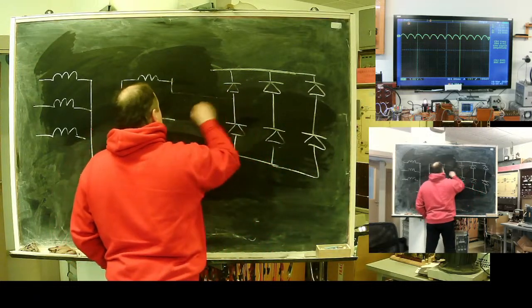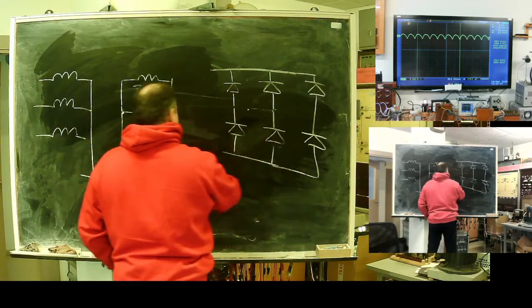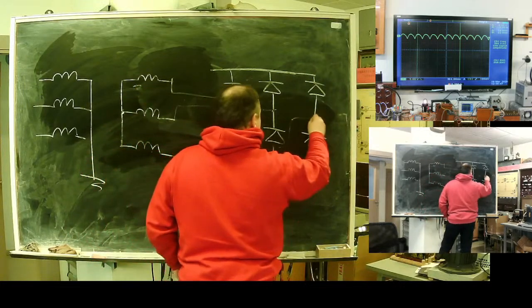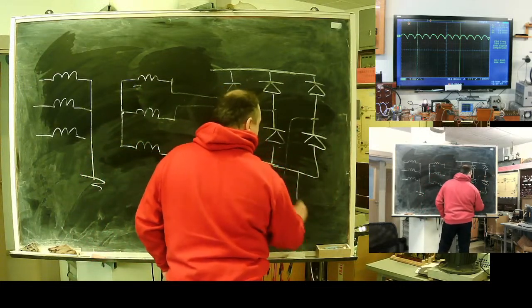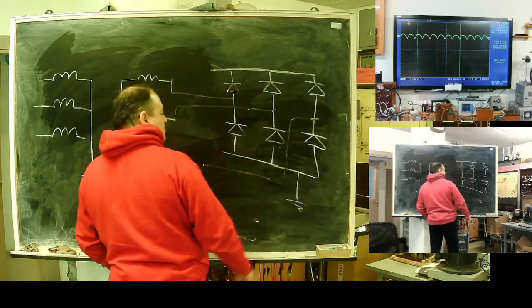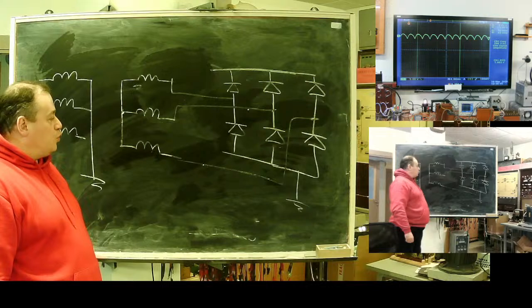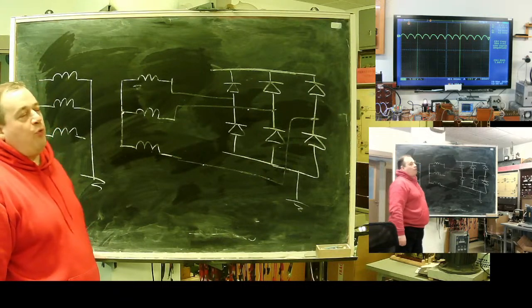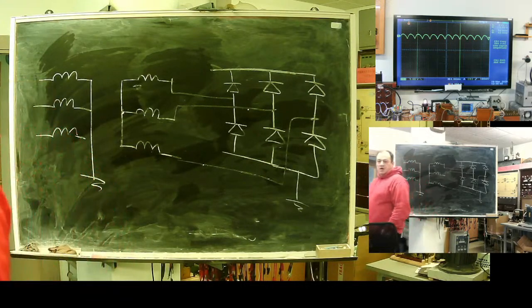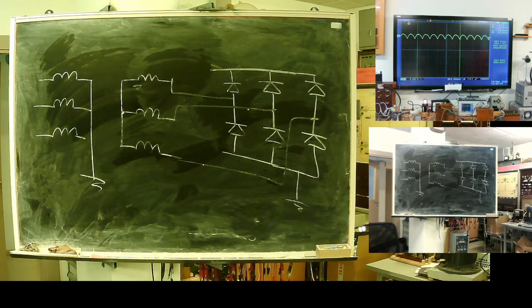And this will be A phase, B phase, and here, for example, C phase. I assume this, it's easier for me to take a negative pole as a reference point. It's not mandatory, but it's just easier for me to attach the scope.